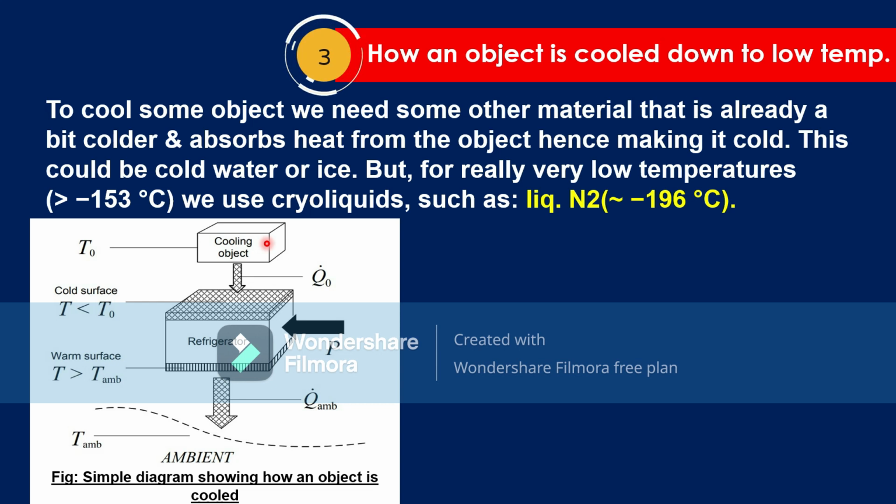Then what do you do? You put the relatively hot bowl of rice on an object which has temperatures well below the object, which I mentioned here, the refrigerator. So here is the cooling object and here is the refrigerator.